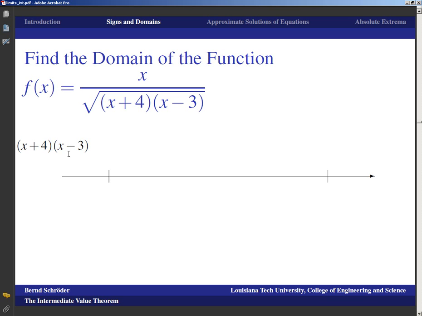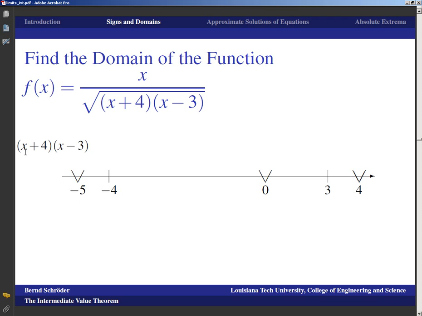A number line, we mark our two cut points, negative 4 and 3. We find ourselves 1, 2, 3 checkpoints. So let's see, negative 5 would be convenient here, 0 would be convenient here, and 4 would be convenient here. And now we just plug that in, but not into the function itself. We're now only interested in the sign of x plus 4 times x minus 3.